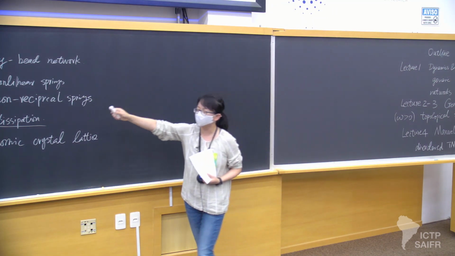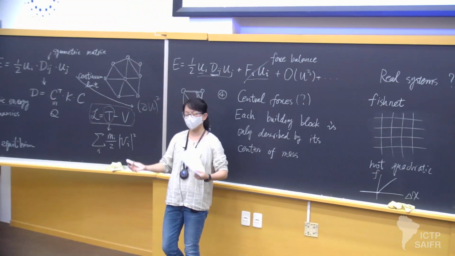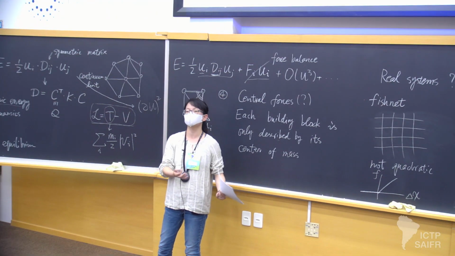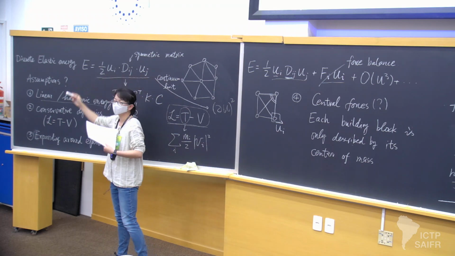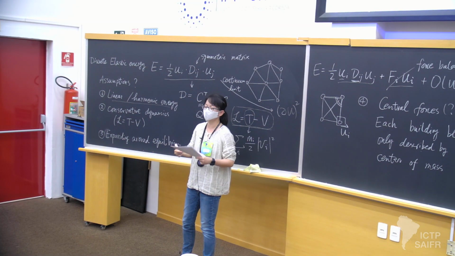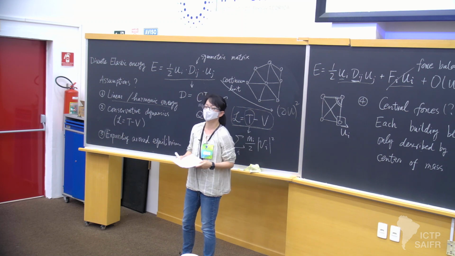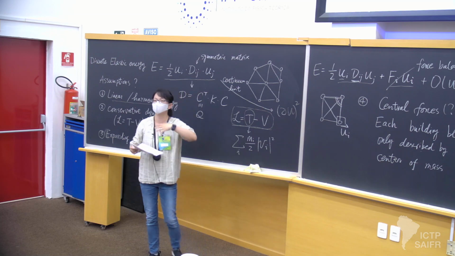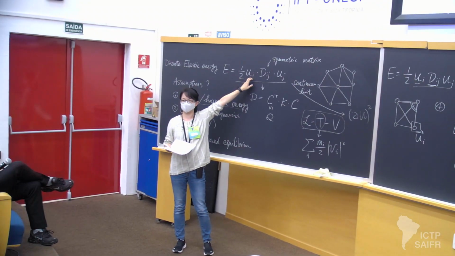So this type of description initially comes from when people try to write elasticity for crystals, right? You start from some true, more complex, like quantum mechanical interactions. And then you say that for the limit of small displacements, you can expand the energy of the system in leading order, then you get a theory like this, right?